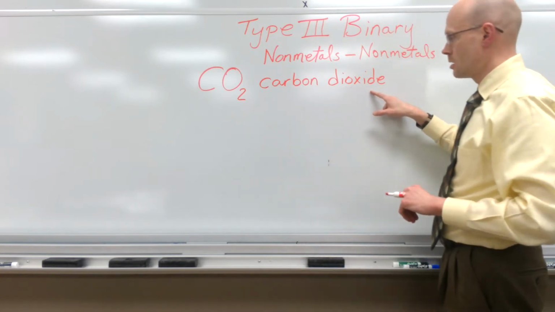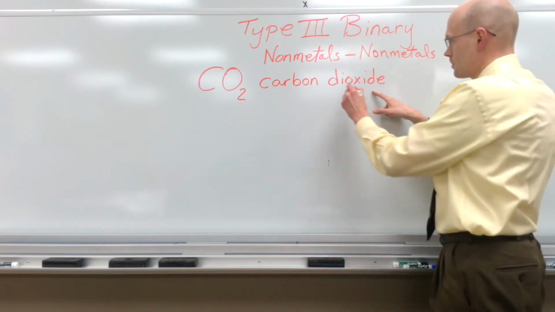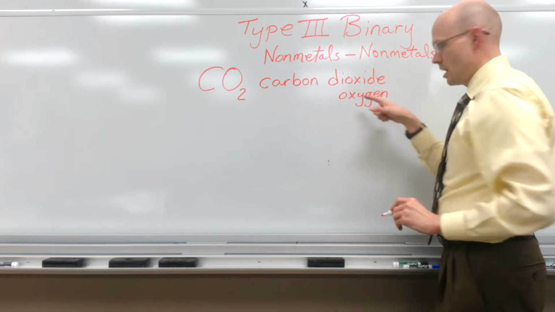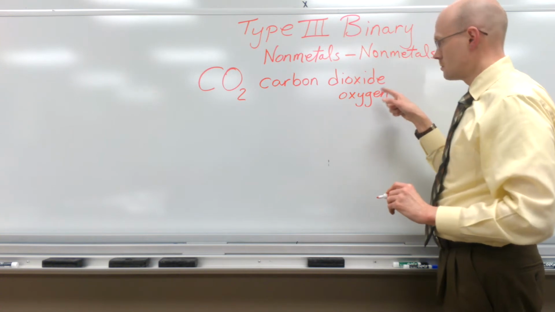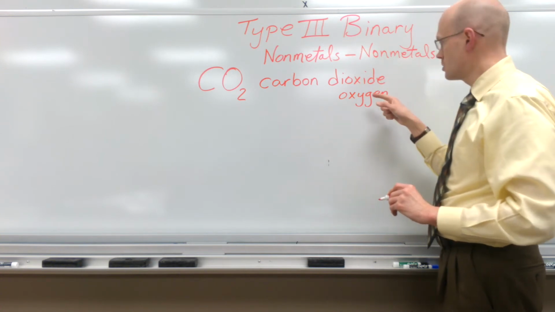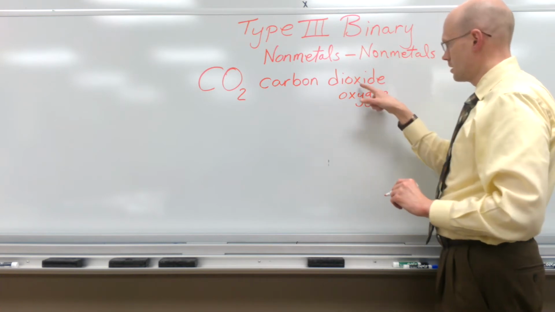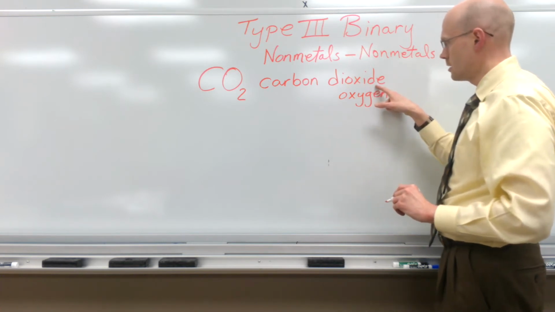Then the second element is oxygen. So we have oxygen. We change the ending as we did on type 1 and type 2 binary compounds from oxygen to oxide. Okay, we gave it the IDE ending.